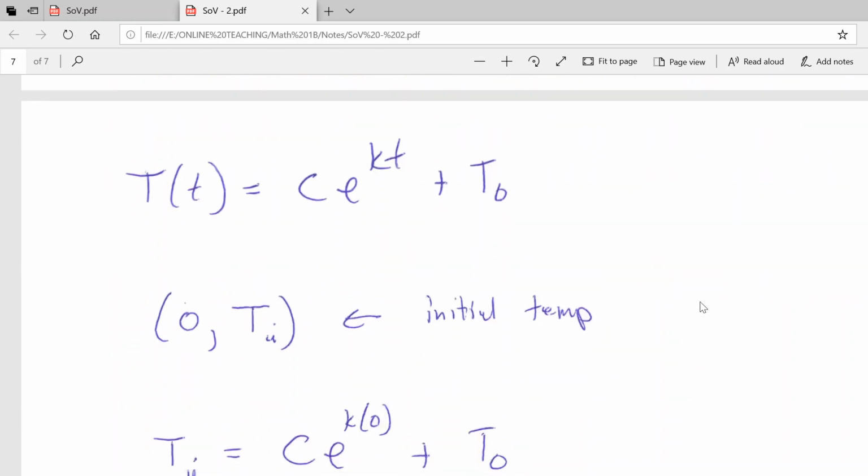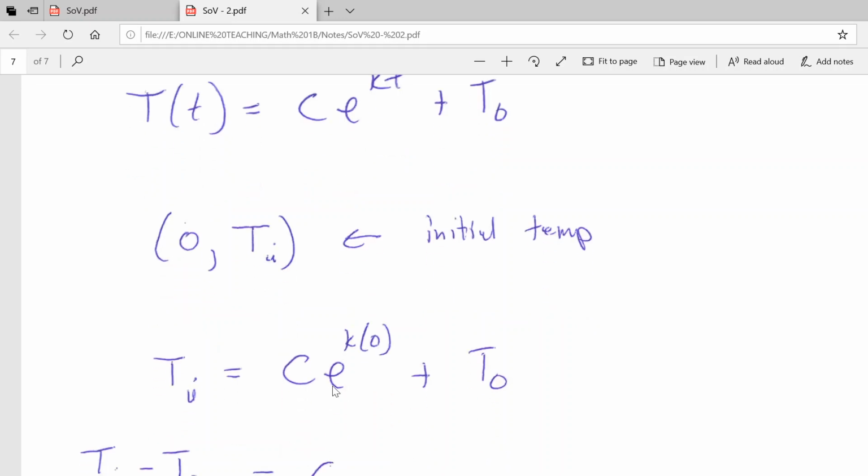Now, if Ti is the initial temp, meaning at time 0 the temperature is Ti, let's put that in. So that says little t is 0, big T is Ti. Where big T is, I put Ti, c e to the k times 0, and then I get plus T naught. Well, e to the 0 is 1, so I just get c, and if I subtract the T naught, I get Ti minus T naught.